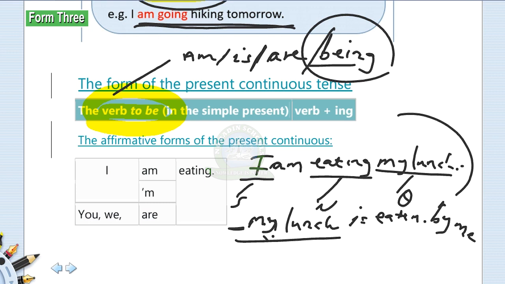Okay, and this must be the form. I am eating. But in short, you say I'm, because this is contracted. When it's contracted, you use the apostrophe and then m.